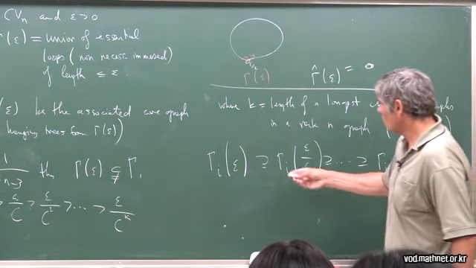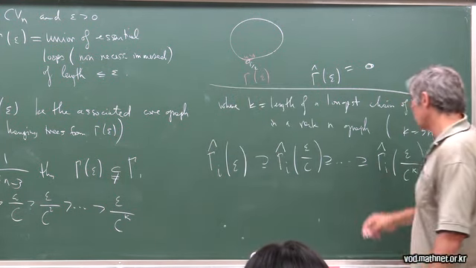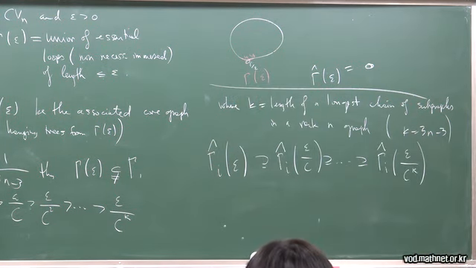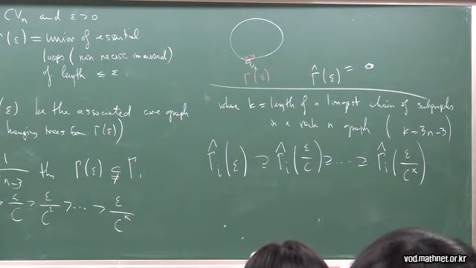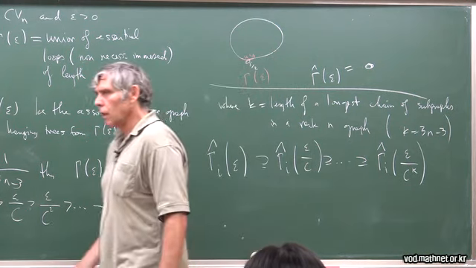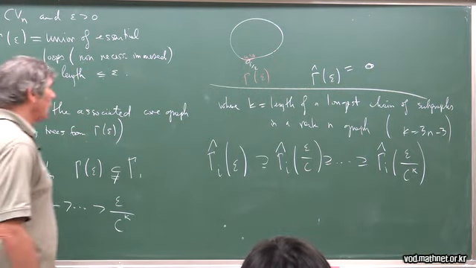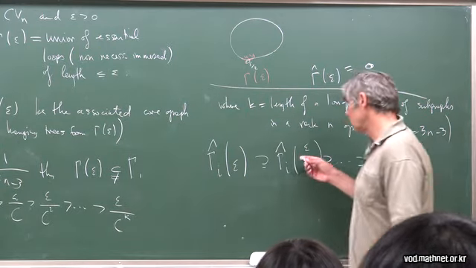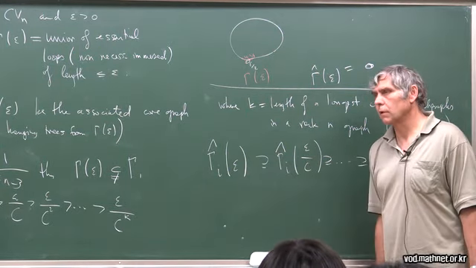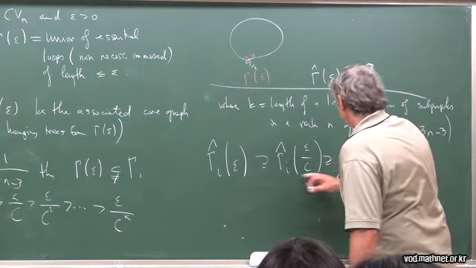And then I can also put hats, right? The associated core subgraphs will also satisfy the same inclusions. Removing trees: the core subgraph is a union of immersed loops inside the graph. That's one way to think about what the core subgraph is. And so if you have inclusion of graphs, then you get the same inclusion of core subgraphs.